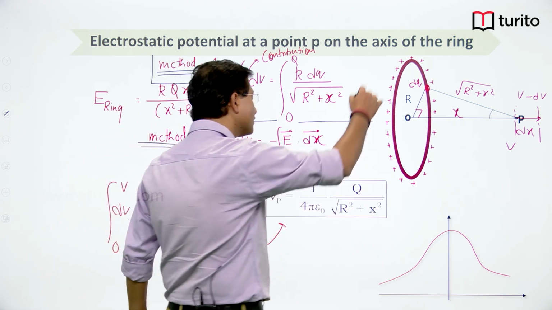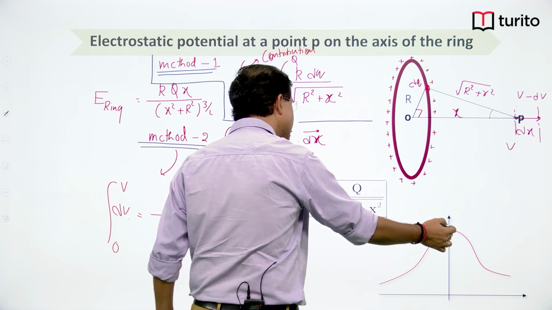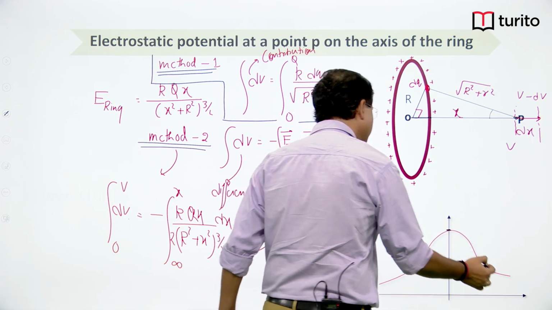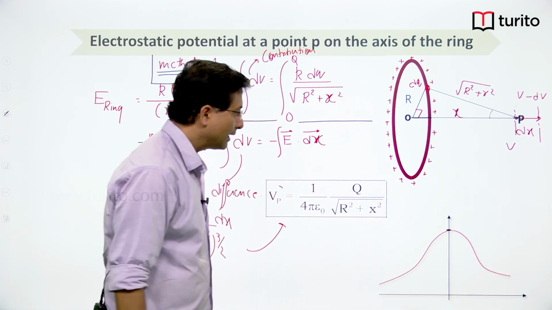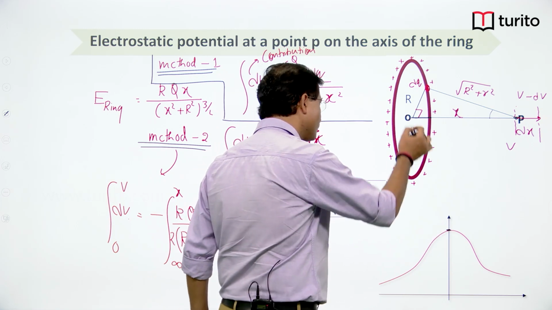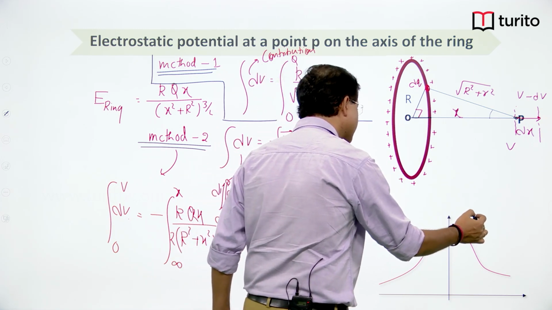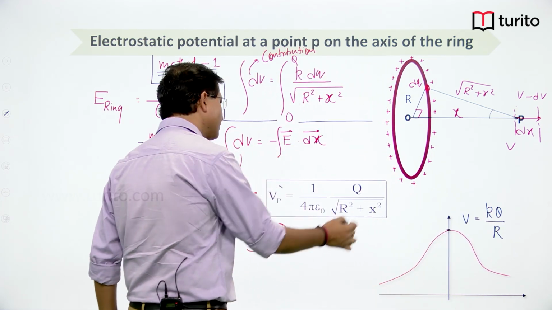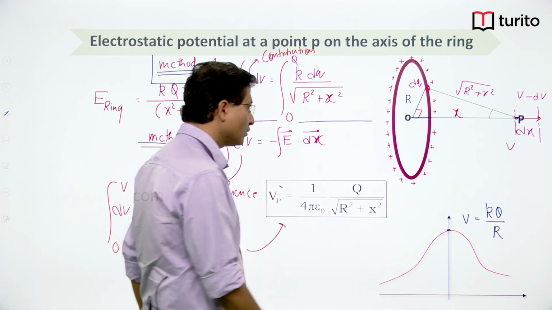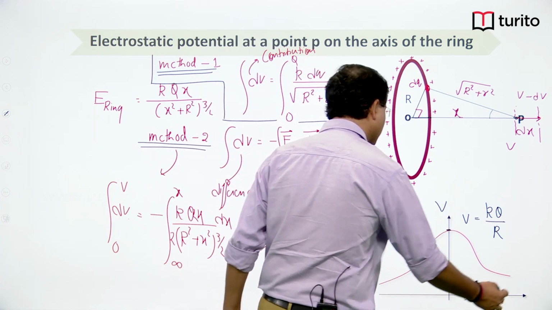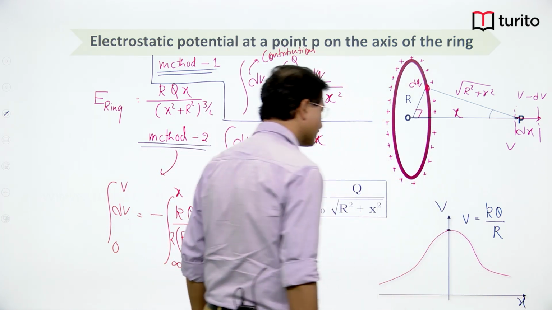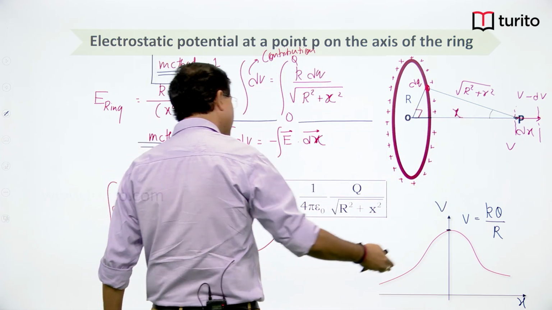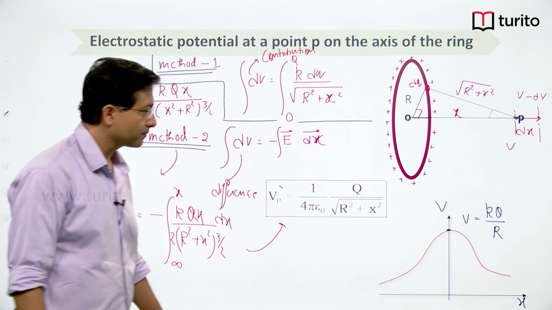So, potential due to ring at the center of ring will be highest, and as you keep moving away along the axis potential keeps reducing, right, and at origin the potential is kq divided by capital R if you substitute x is equal to 0 here, right. So, on this axis I am plotting V and on this axis I am plotting x. Whether you go this side or on the other side the variation will be symmetric, right.